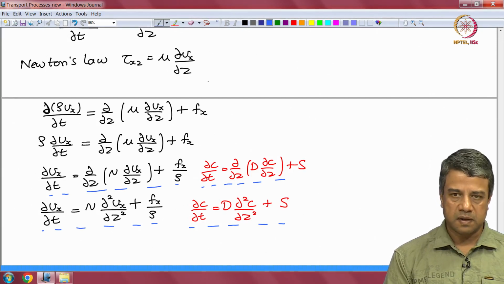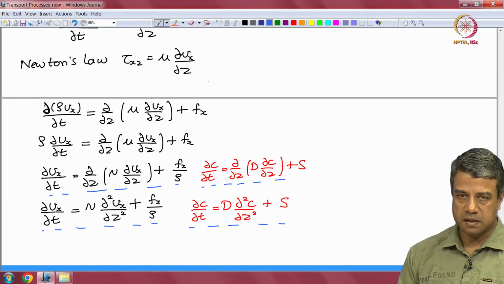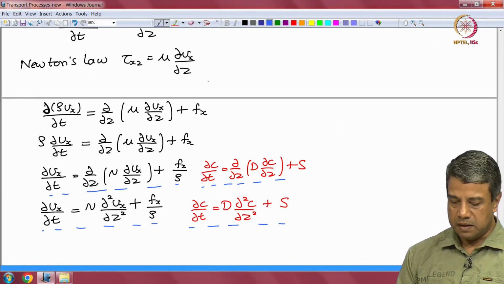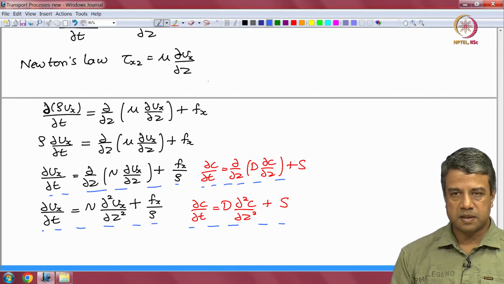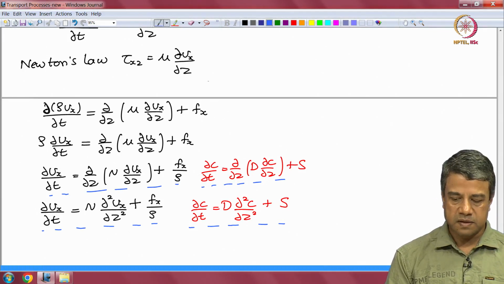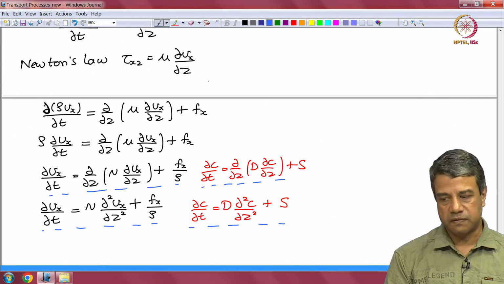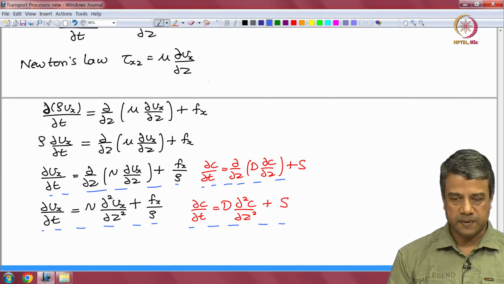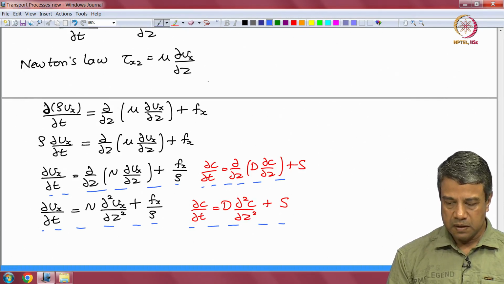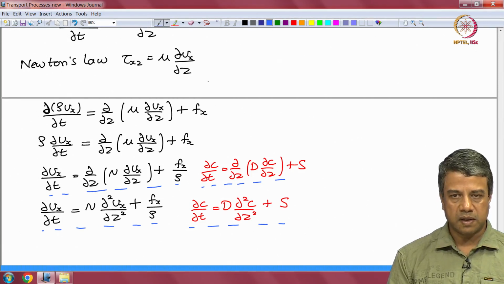They are both first order in time, second order in the z coordinate for unidirectional transport. To get the equation for momentum, you just substitute velocity for concentration, momentum diffusivity for mass diffusivity, and the body force density for the source. Second order in space requires two boundary conditions, first order in time requires one boundary condition.